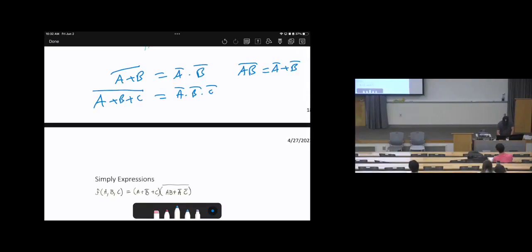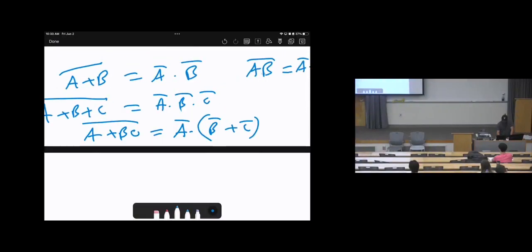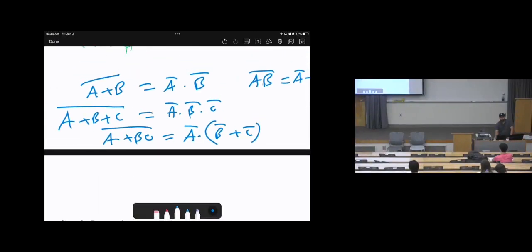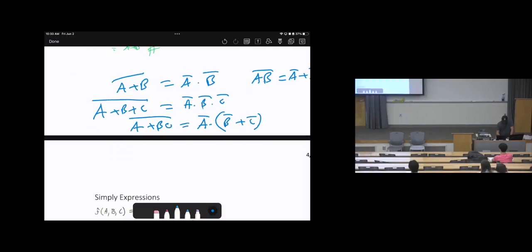How about A plus B, C, all bars? It will be A bar times B bar plus C bar. Okay, did you get it? How about AB plus CD, they are all bars. How will it be?